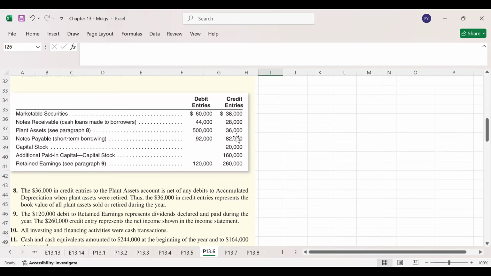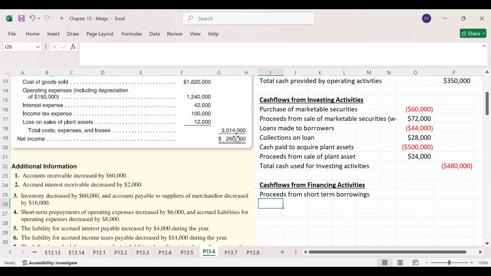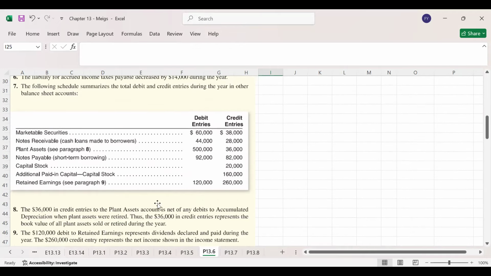Because notes payable is on the credit side, this means that we are taking loans from short term borrowings. For cash flows from financing activities, you can check we have notes payable, that is short term borrowing. So we have a credit entry of 82,000 and a debit entry of 82,000.